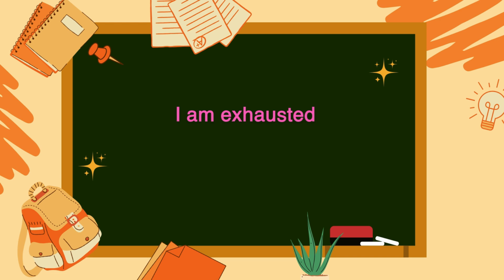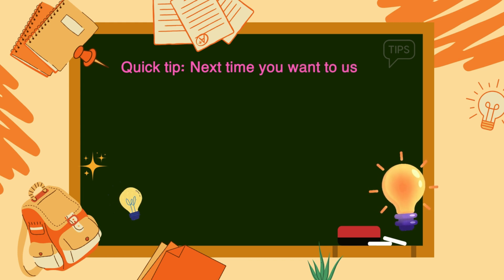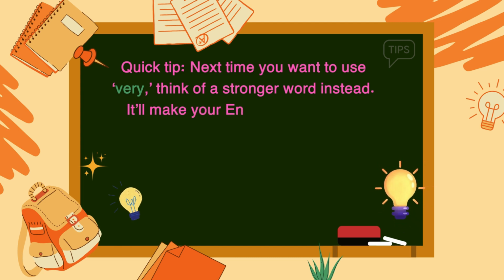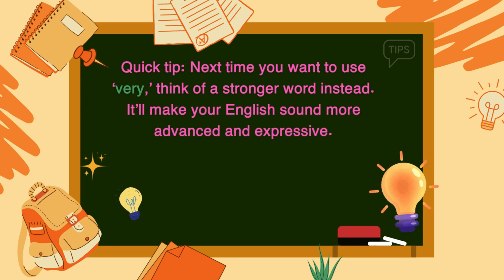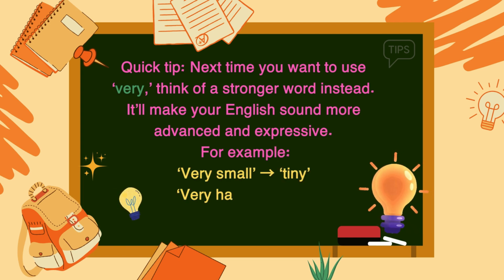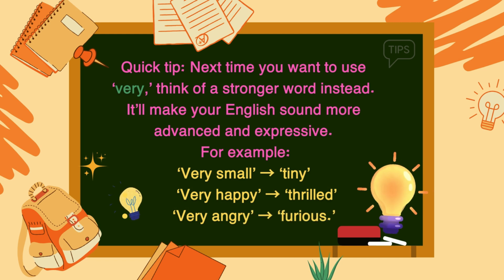See how much stronger that sounds? Quick tip. Next time you want to use very, think of a stronger word instead. It'll make your English sound more advanced and expressive. For example, very small, tiny. Very happy, thrilled. Very angry, furious.